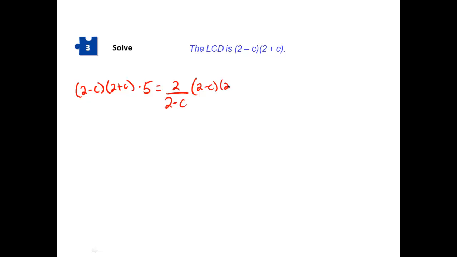Okay, so the first thing we need to do is think of the LCD and then multiply each side by the LCD. Okay, so multiply it by the 5. And then multiply it by the right side.